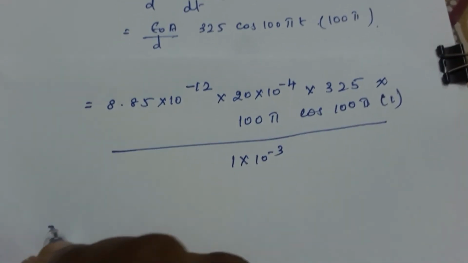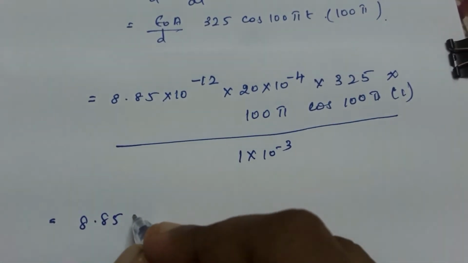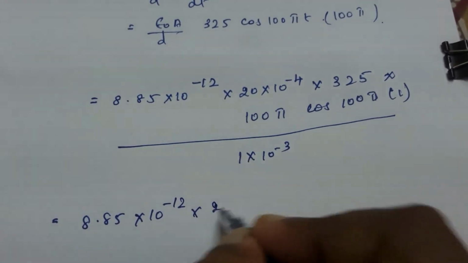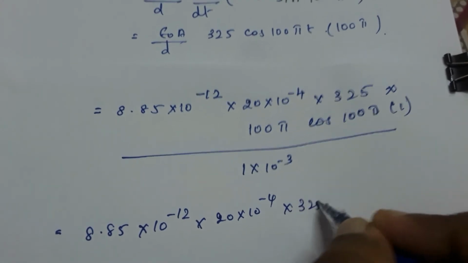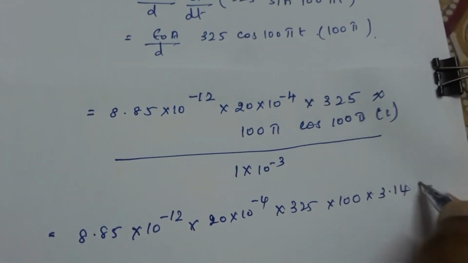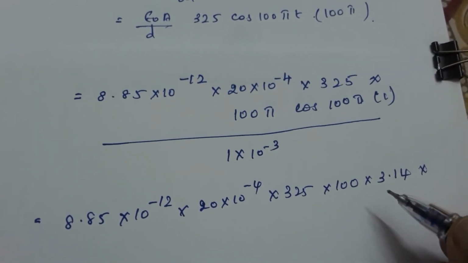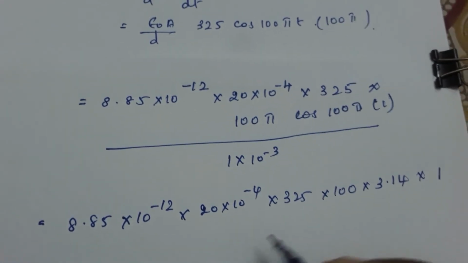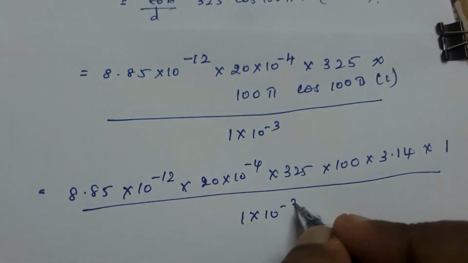Now this can again be written as 8.85 into 10 raised to minus 12 into 20 into 10 raised to minus 4 into 325 into 100 into 3.14 into cos 100 pi, which is 1, that is cos n pi is equal to 1, divided by 1 into 10 raised to minus 3.